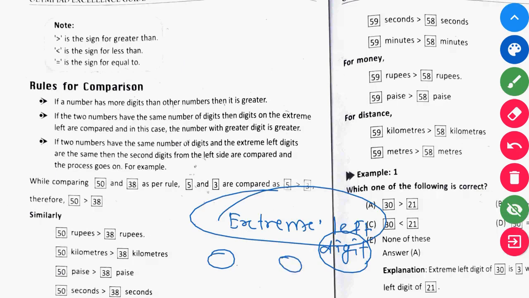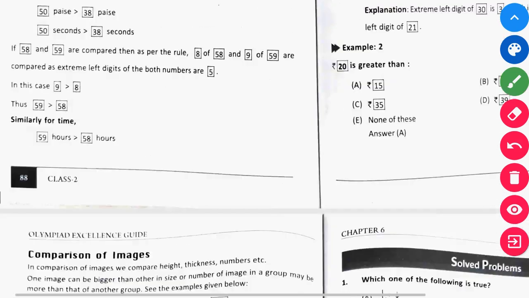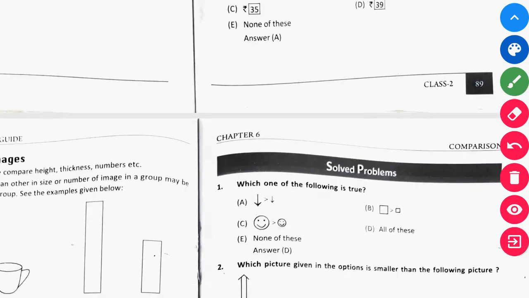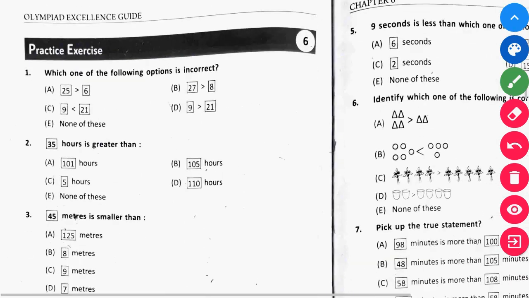If those two digits are the same, then we move to the next digit. In this way we can find which number is greater than the other. When we solve the practice exercise, I will explain it. Now we'll directly solve the practice sums.